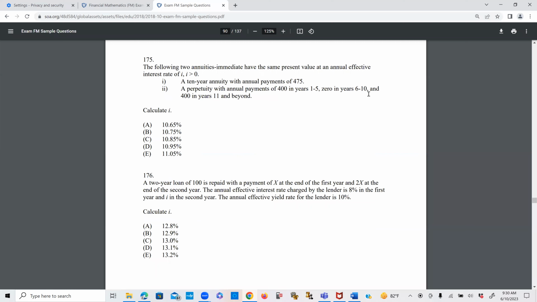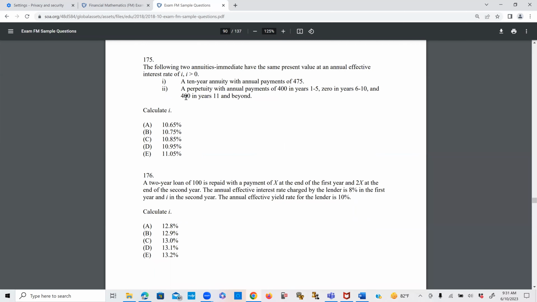If we didn't have the zero payments in years 6 through 10, then the whole thing would be very simple. The present value would just be 400 over i. But because of these in-between zero payments, we have to break it up. The first 5 payments are an annuity immediate with 5 payments, and then the second part is the perpetuity. We can ignore the zero payments in the in-between years.